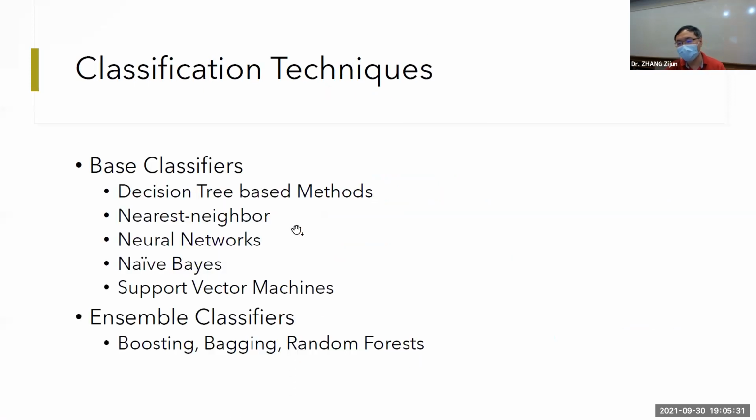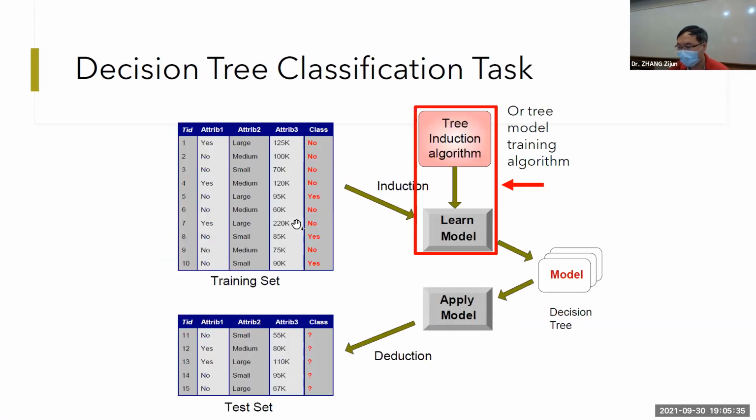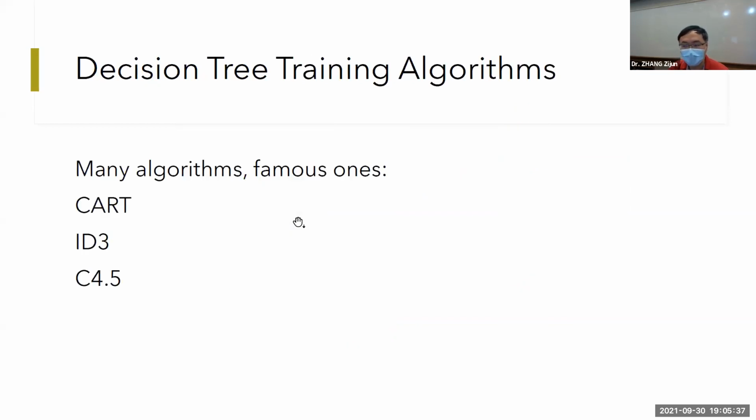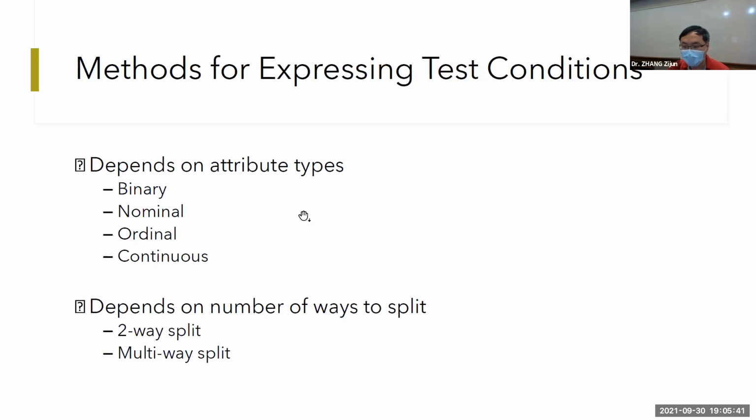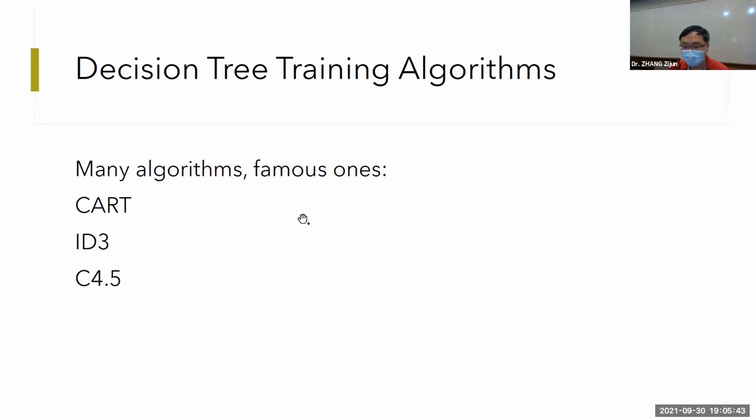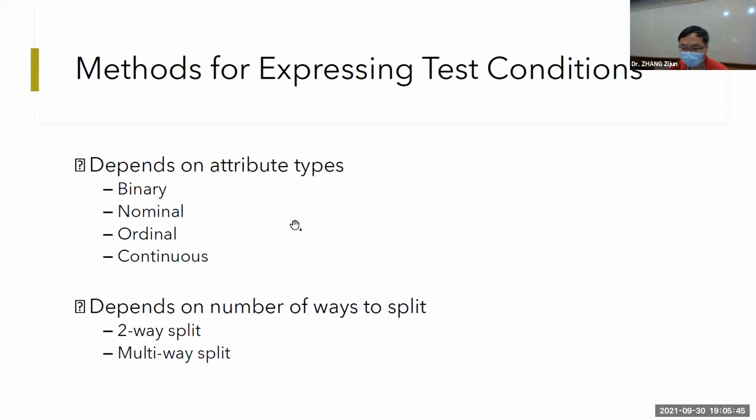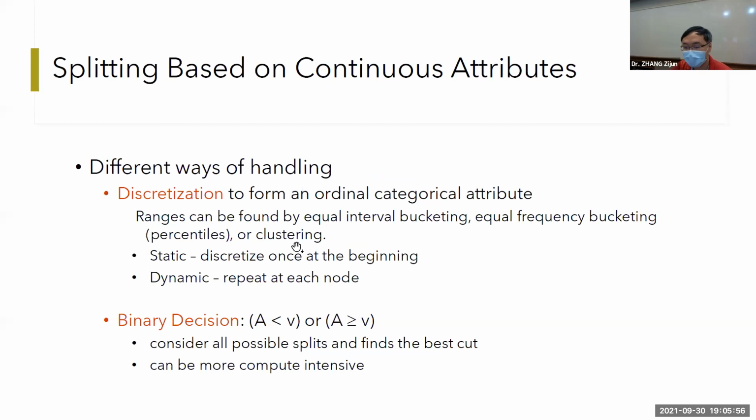Right. So last time we basically talked about classification methods. We spent quite a lot of time on the tree-based algorithms. We talked about how to do the splitting: first, how to process different attributes, and also different splitting strategies.